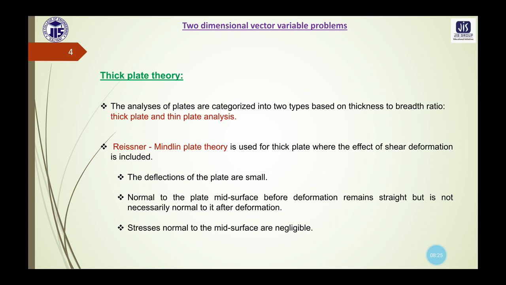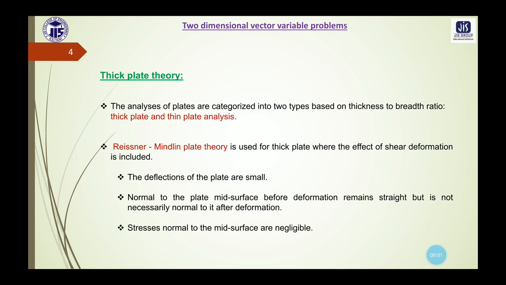So as there are two different limitations for the Kirchhoff's plate theory, for the thick plate theory we consider the Mindlin plate theory, which is also known as the Reissner-Mindlin plate theory. This theory is applied for analysis of thick plates where the shear deformations are considered, and rotation and lateral deflections are decoupled.